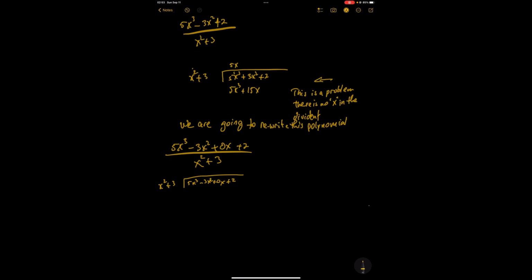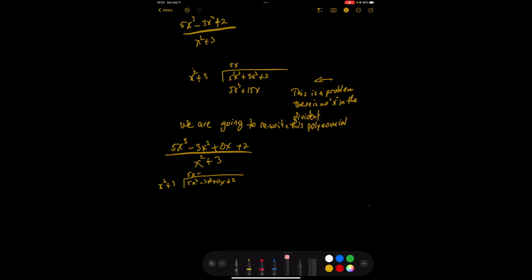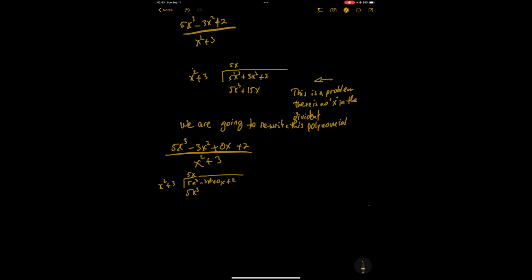So that would be equal to what now? We go with the 5. So 5 over 1 is 5. x cubed over x squared is equal to x. Right? Now 5 times 3 is going to be equal to 15. Right? 15x. So what we're going to do now is we're going to do exactly what we were supposed to do. Now we go to 5x cubed. Because we don't have anything for the x squared, that will equal 0x squared plus 15x.